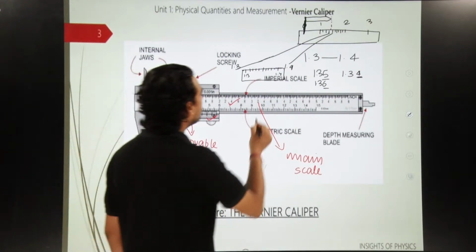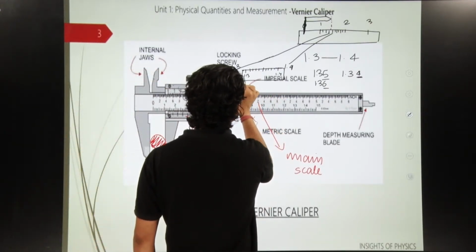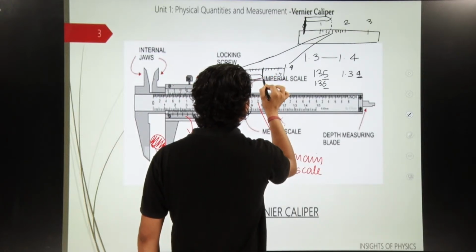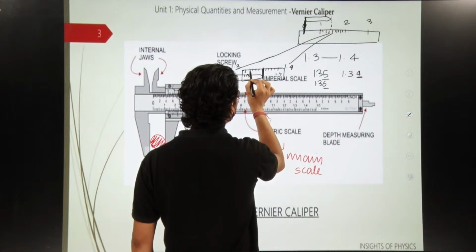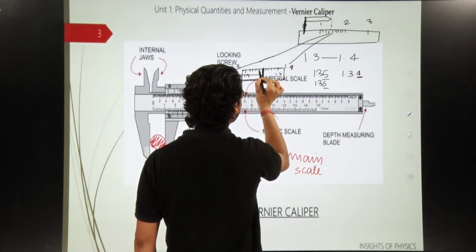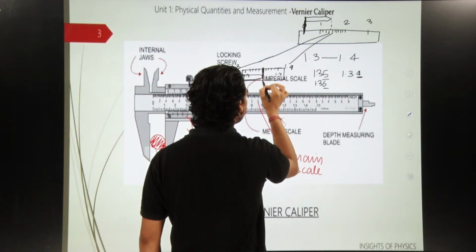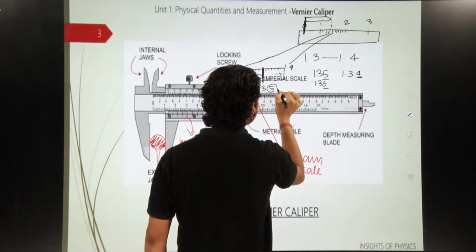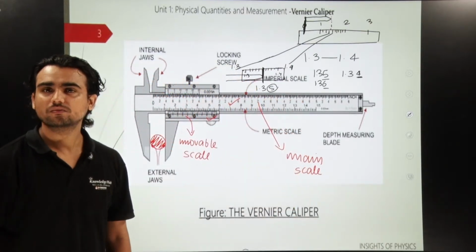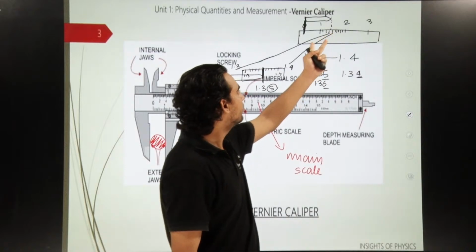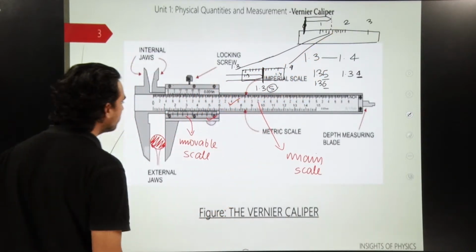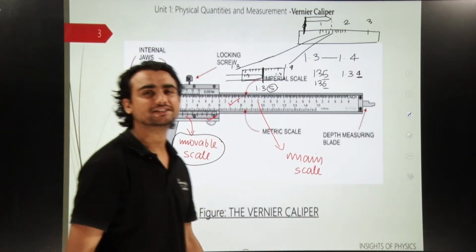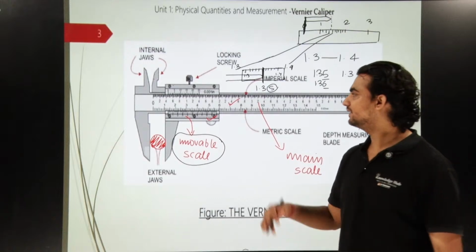Now the nib of the pen will be coinciding, let's say, somewhere here. Then this is 1.3, 1.31, 1.32, 1.33, 1.34, 1.35. So 1.35 is the answer. So I can get the second digit if I can magnify this. Similarly, what is happening here is that this movable scale, the vernier scale, is basically magnifying the main scale. You should understand this.